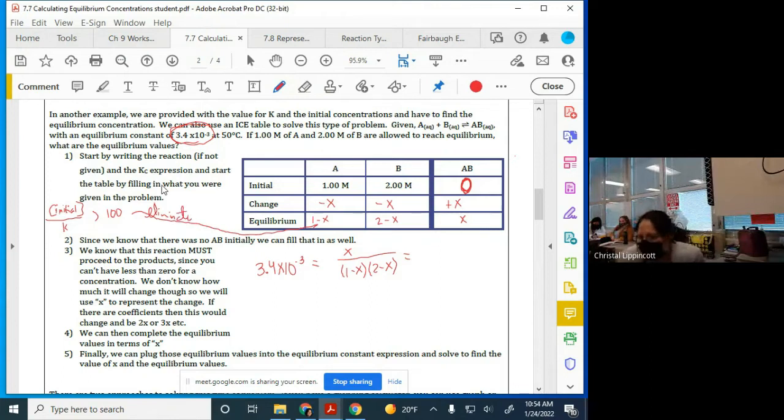Okay, so my initial was 1. So 1 divided by 3.4 to the negative 3 is 294. So I take my initial amount, whatever it was, that goes on the top, and I divide it by K. So 1 over this value equals 294.